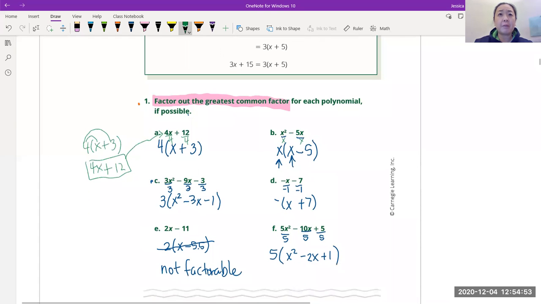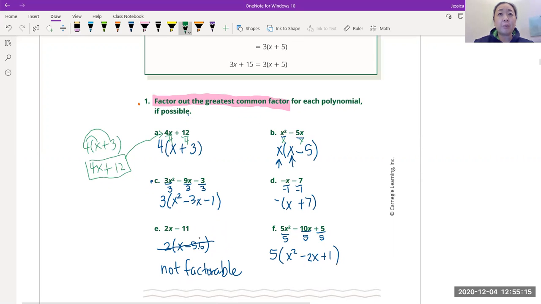And I would recommend that you try C, D, E, and F if you did not get to that yet. And if you notice right here, we did use that division at this point. And for E, I just want to talk about that really quick. Somebody was quite clever. They said, well, I could pull out a 2. If I pull out a 2, then this 11 would turn into a 5.5.